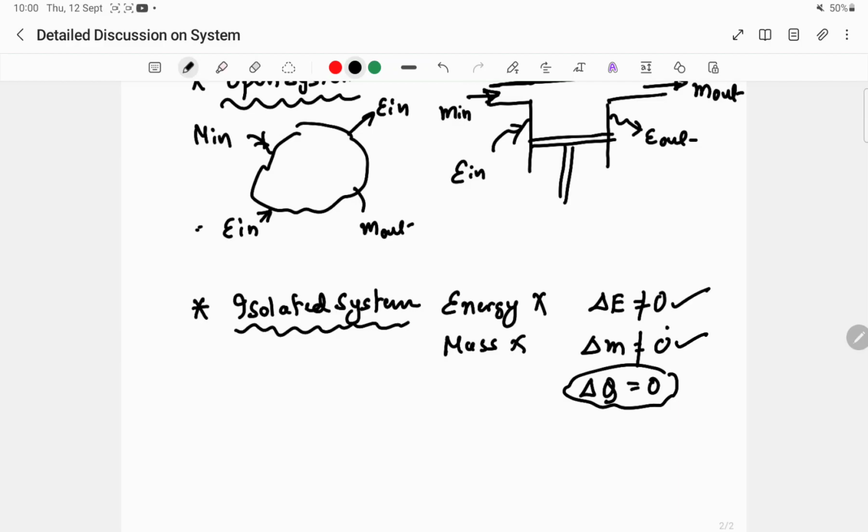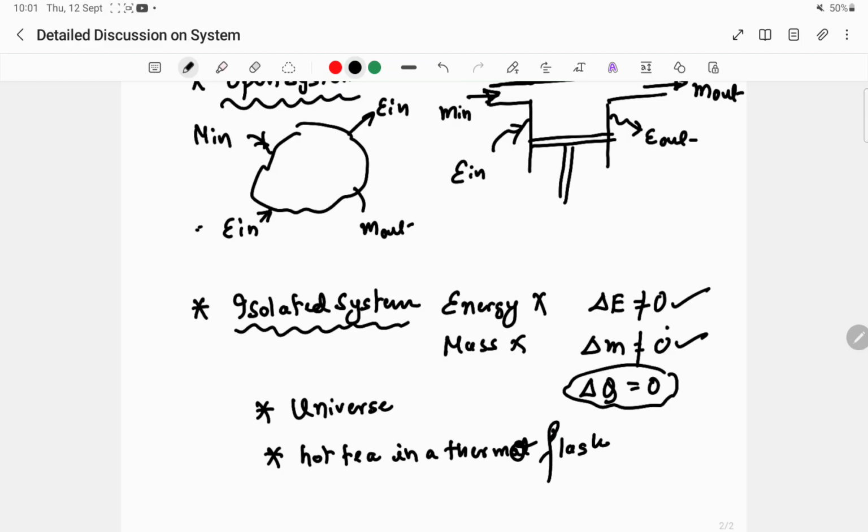You can now consider it on these two points. Here the example is our universe, or hot tea, or ice in a thermoflask. Ideally a thermoflask is an isolated system, but as we know it cannot keep the hot tea hot for infinite time. But ideally it is an isolated system where there is no energy transfer and mass transfer.